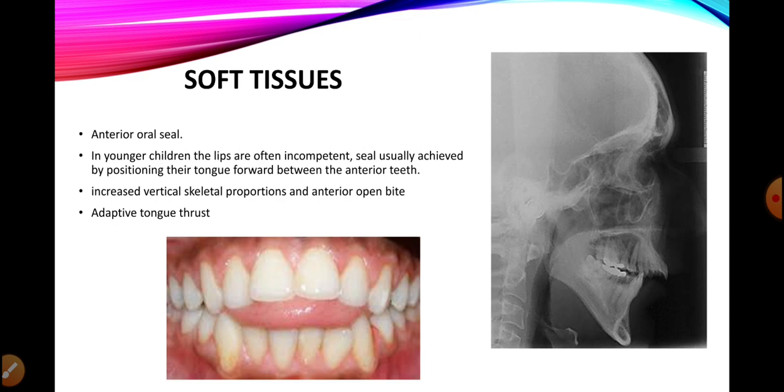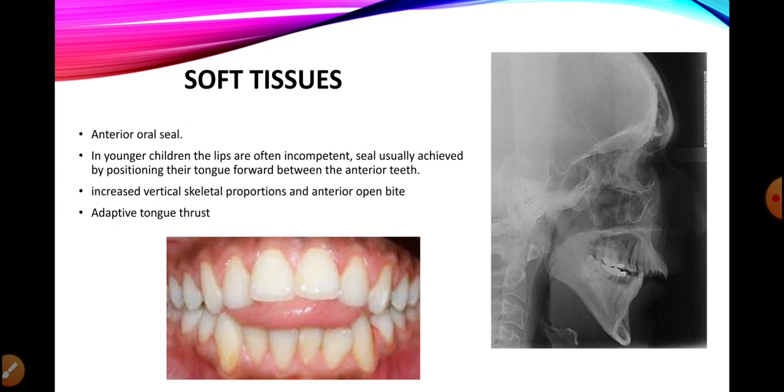Now here I would like to mention that there is a difference between adaptive tongue thrust and endogenous tongue thrust. By adaptive we mean that the tongue is adapting to the anterior open bite and making a seal, and by endogenous we should understand that the problem lies in the tongue itself, that because of the continuous thrusting of the tongue forward, we may develop an anterior open bite.